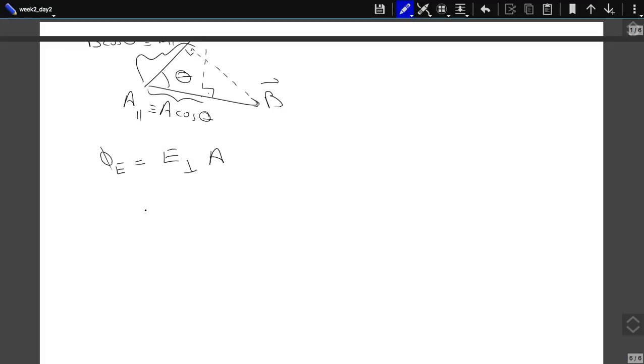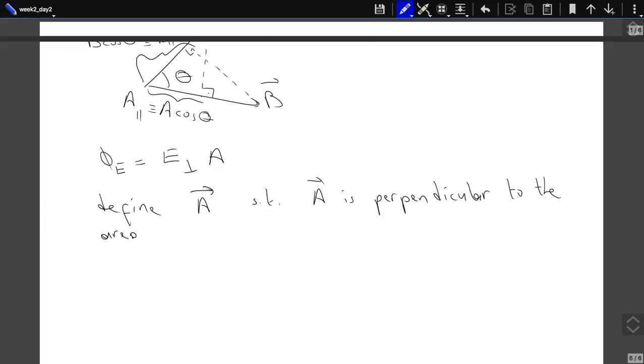So I will define a vector, not E, but A, such that A is perpendicular to the area and has magnitude equal to the area.